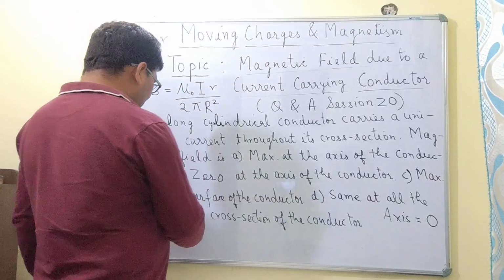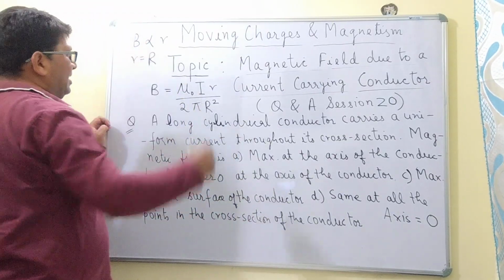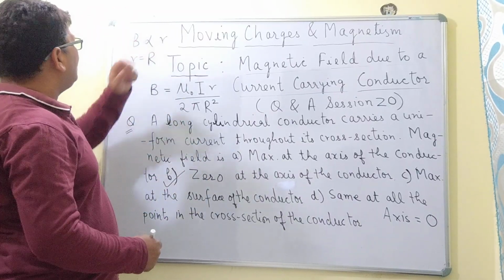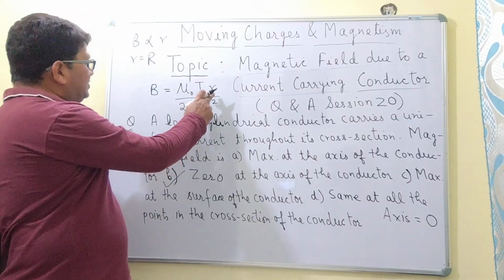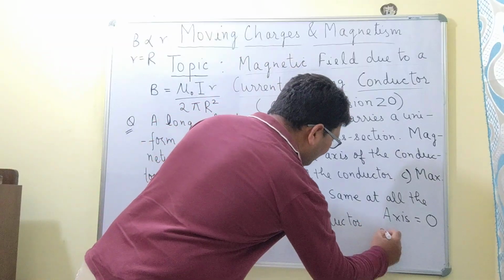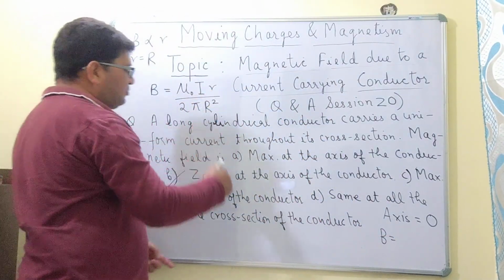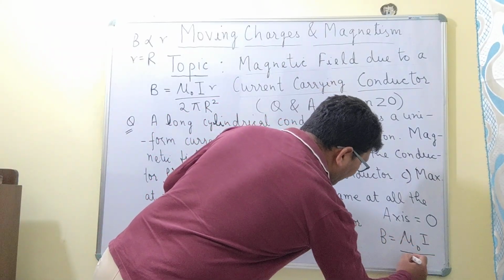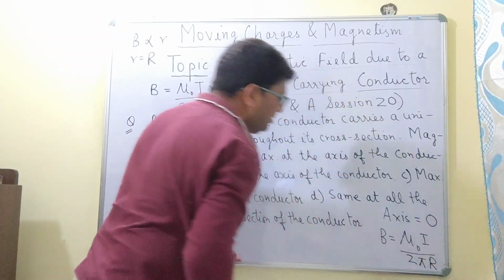Now on the surface of the conductor, small r will be equal to capital R. So on the surface of the conductor, the value of B will be equal to mu naught I, where small r is replaced by capital R, so I get mu naught I divided by 2 pi R.